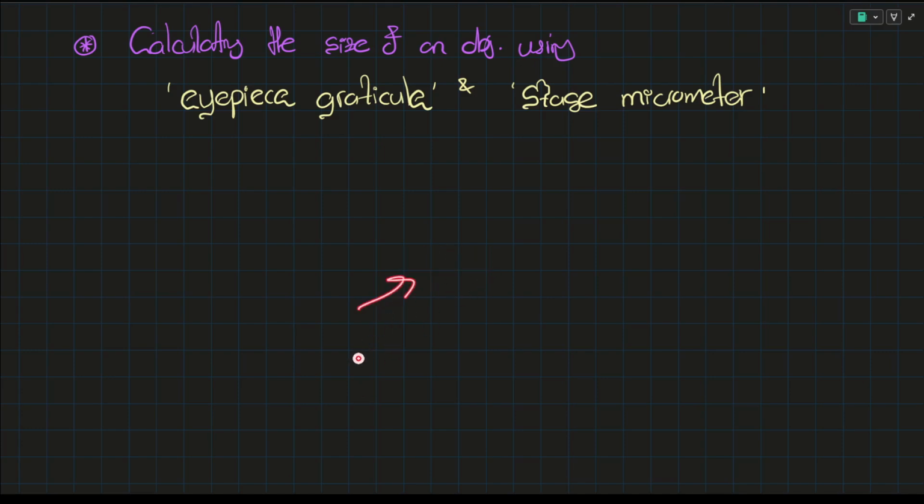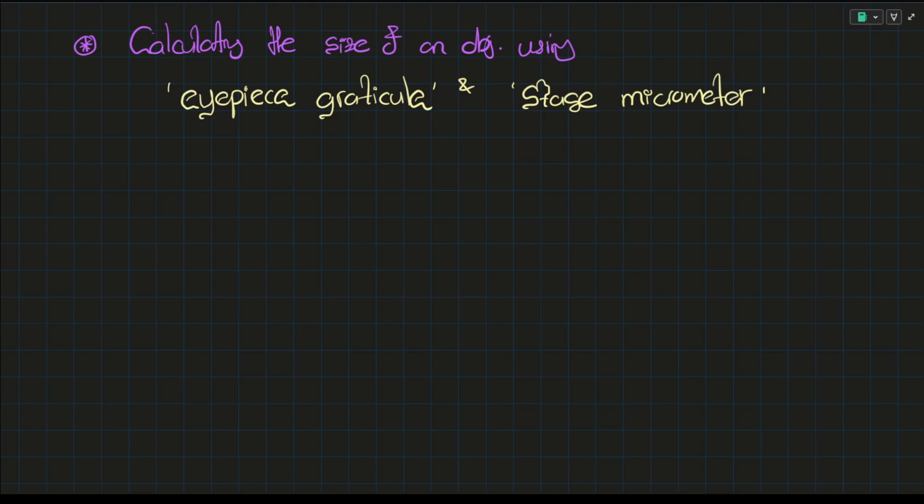Now that made no sense, I know. So I'm going to bring in a simple image that is going to help you visualize what the eyepiece graticule does and what a stage micrometer is, and how exactly it's going to help us provide a proper size for our specimen.